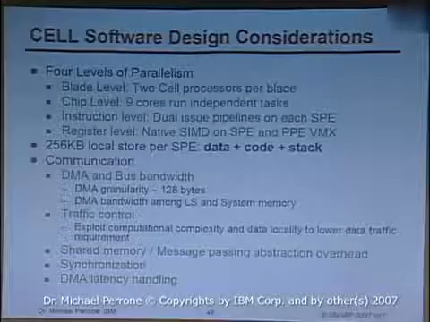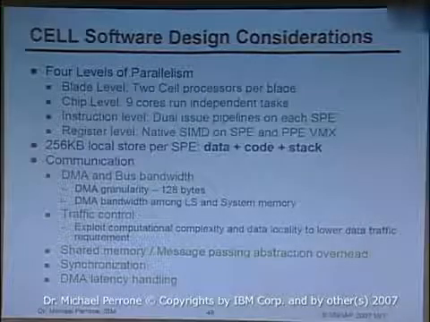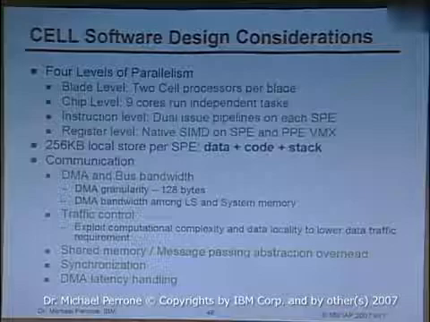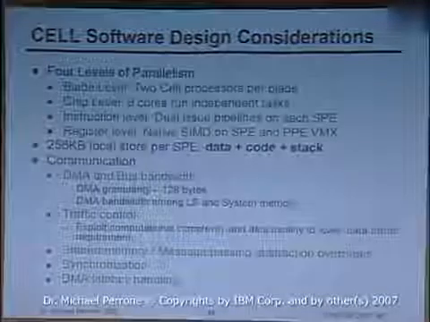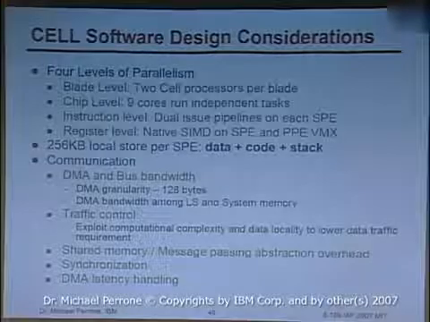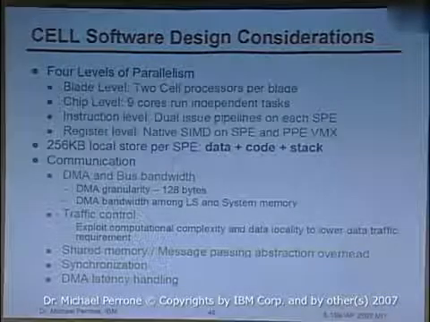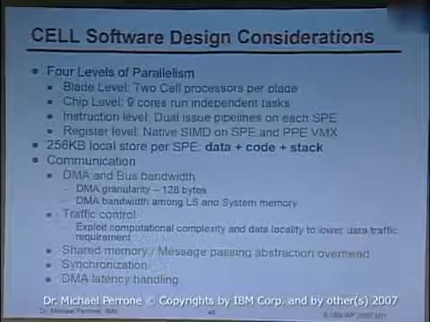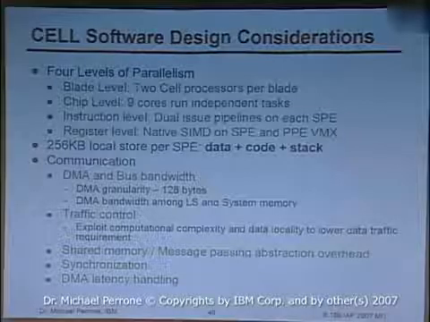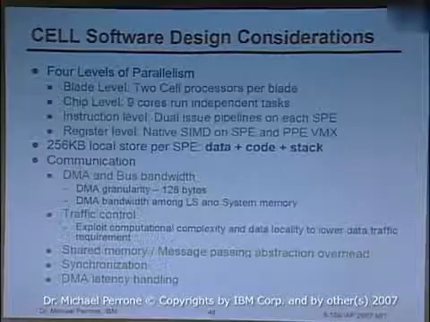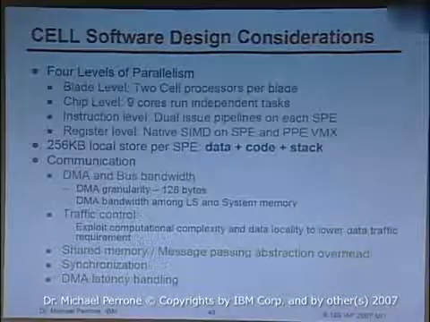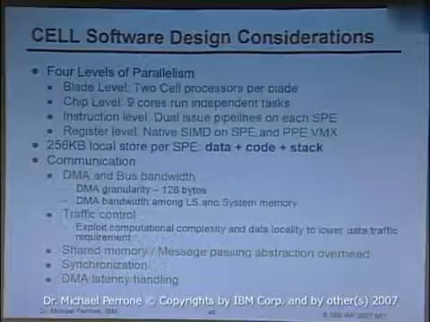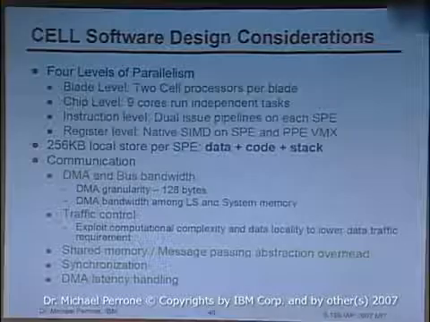One pipeline is doing computation; the odd pipeline is doing loads and stores, DMA transactions, interrupts, branches, and it's doing something called shuffle byte, or the shuffle operation. A shuffle operation is a very, very useful operation that allows you to take 2 registers as data, a 3rd register as a pattern register, and a 4th register as output.